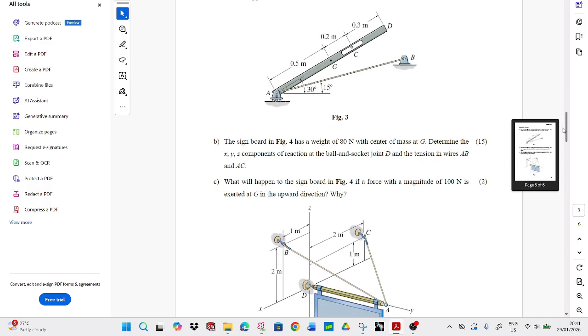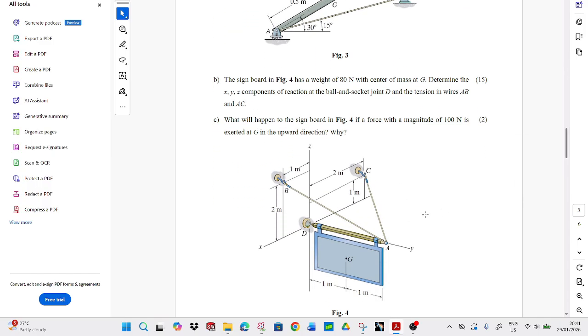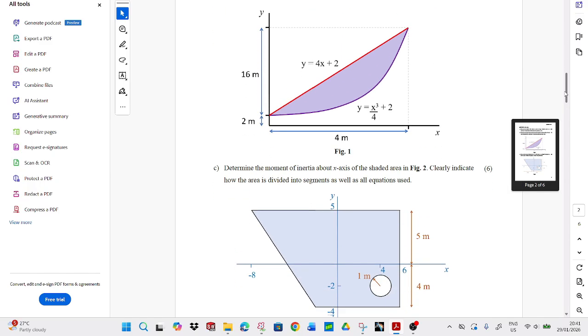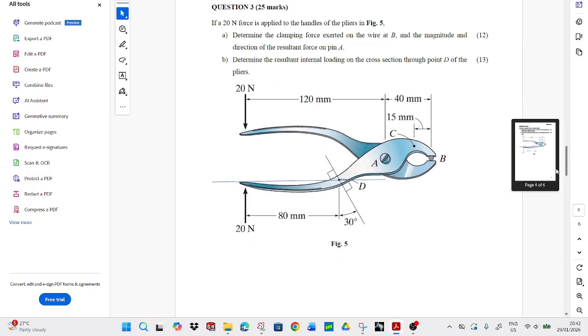Question 2 might take a bit of time, especially the 3D figure; you need to really think it through. Question 1 also requires a bit of thinking, because of which element you want to use and the integration. And also moment of inertia for composite bodies where you have a hole and a trapezium, so you have to make it into a right angle triangle.